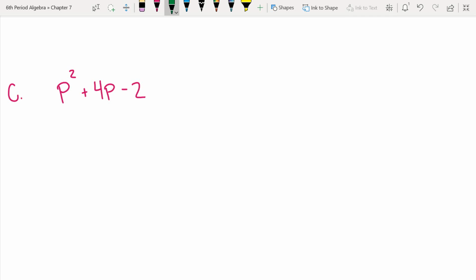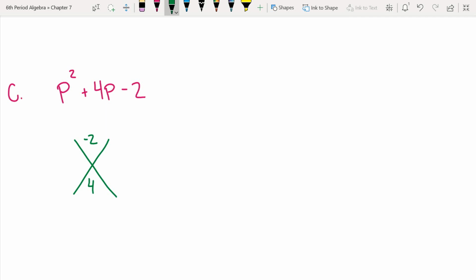Let's see what's going to happen. You guys know from my class I'm using the X box. So I'd have A times C, which is -2, B is 4. Okay, well, I'm trying to think about this. I'm trying to find two numbers that multiply to -2, but add to +4, and I'm at a loss.